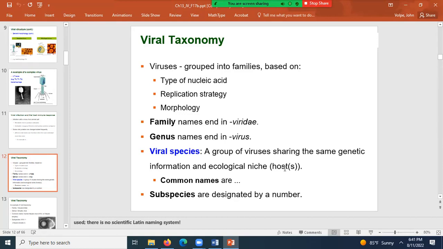You'll like this though, and that is when we name viruses, viruses only have common English names, like the polio virus. That is a common English name. There is no Latin naming system for viruses.